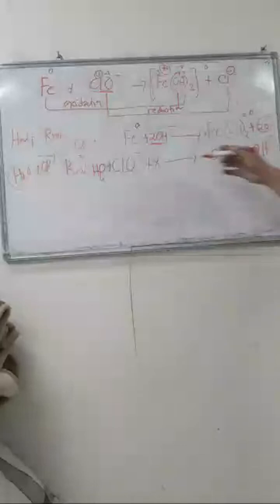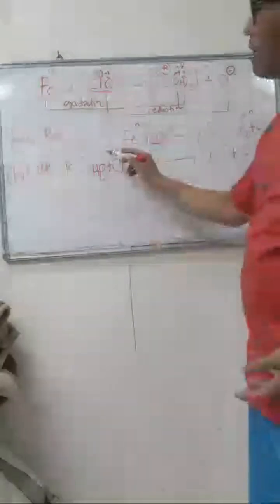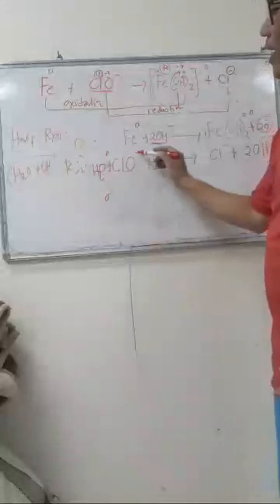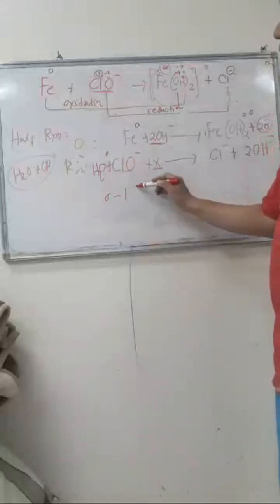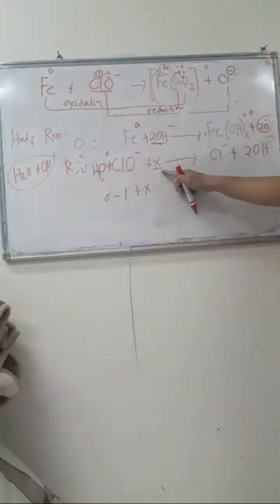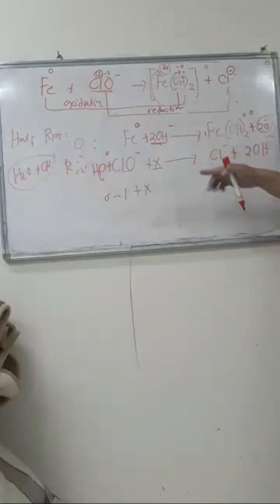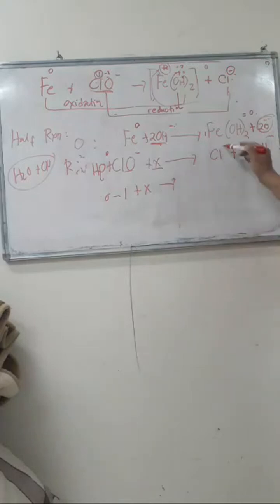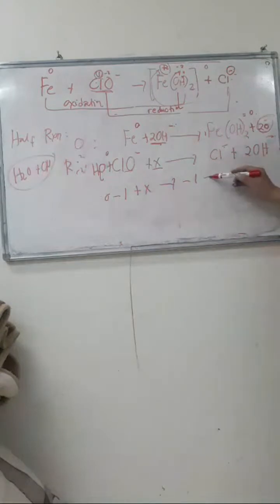So we put X here. The atoms are already balanced, as I told you a while ago, by visual inspection. Now, balance the charge. Water, 0. Negative 1 times 1, negative 1, plus X, as our unknown electrons to be added to hypochlorite to compensate the balance of chloride in the product, equals negative 1 times 1, negative 1, plus 2 times negative 1, which is negative 2.